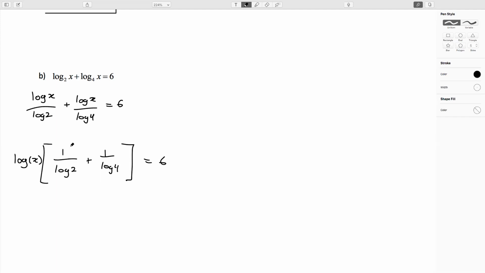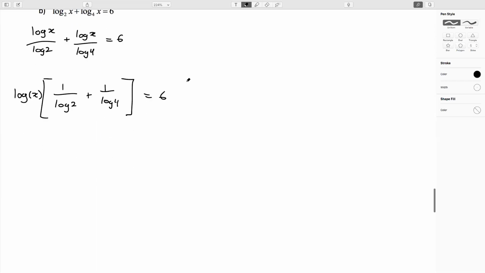What I've done is I've just pulled the log x out, and if I were to multiply it back in, this will now become the numerator of both of my fractions. All right, so now log x is going to equal 6 divided by 1 over log 2 plus 1 over log 4.